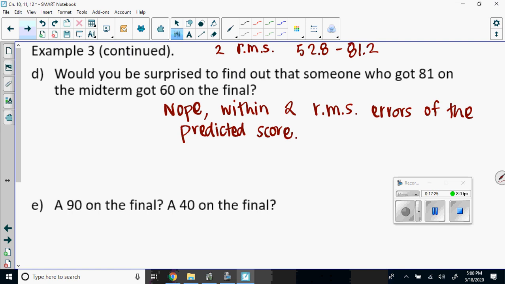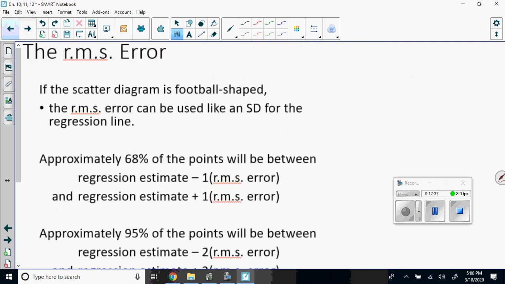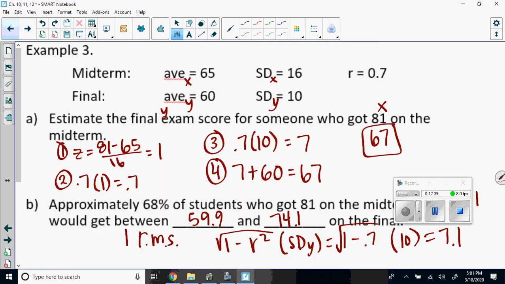You can find 3 RMS errors away because that should contain 99.7% of the data. So if you want to, you can just find 2 or 3 and say it will fall within 3 RMS errors, I believe. Let's check. It was 7.1.